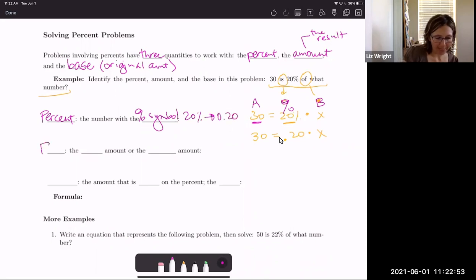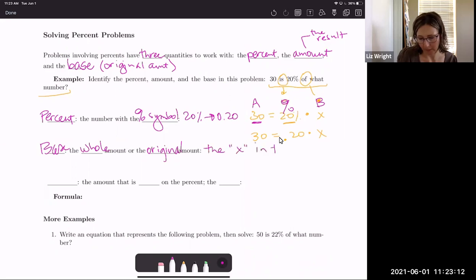Then we've got the base, and it's the whole amount or the original amount, which in this case is the unknown in this problem, the X in this problem. Or you can write the unknown. It's what we're looking for. The unknown quantity.